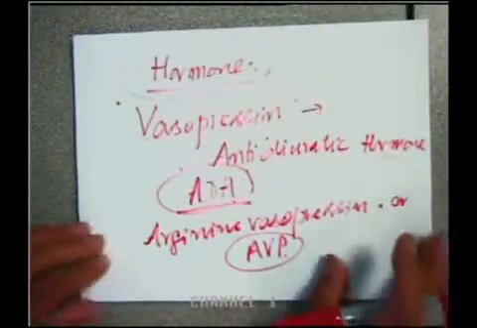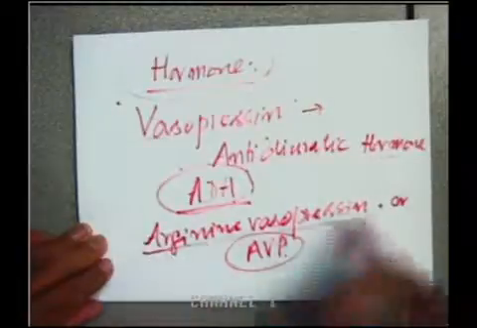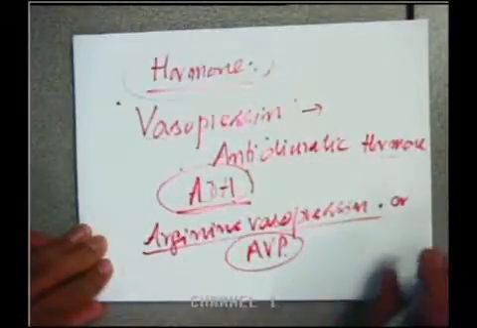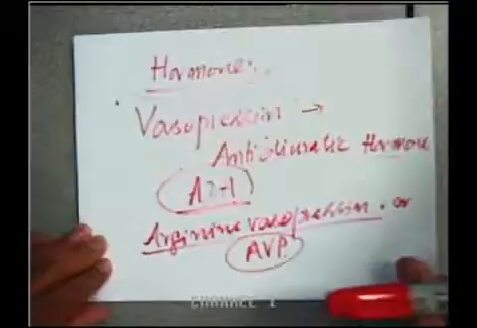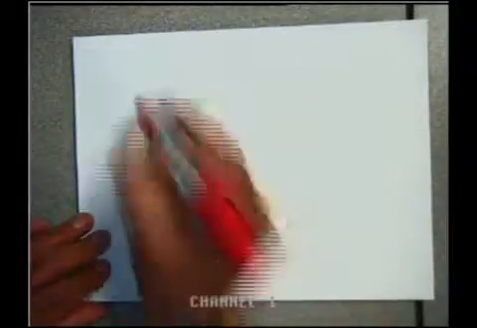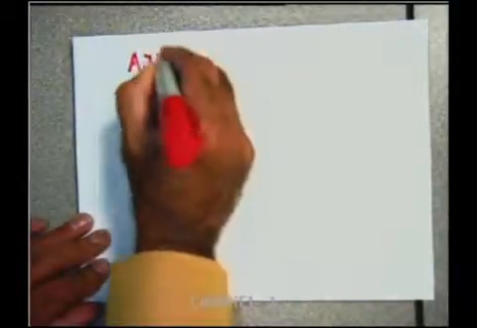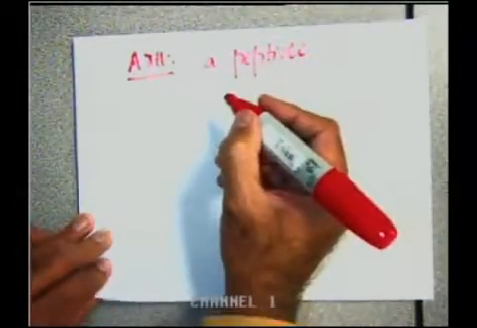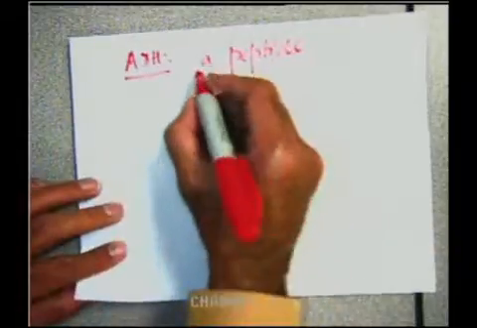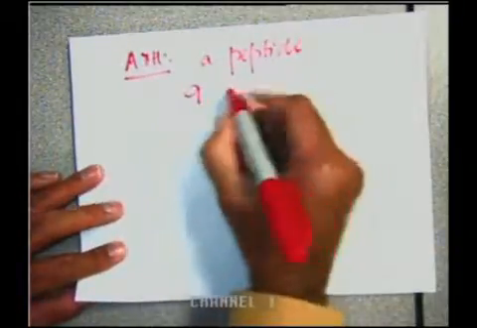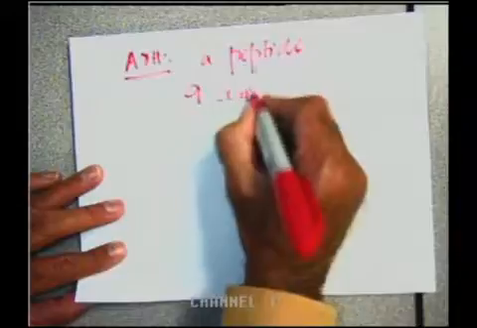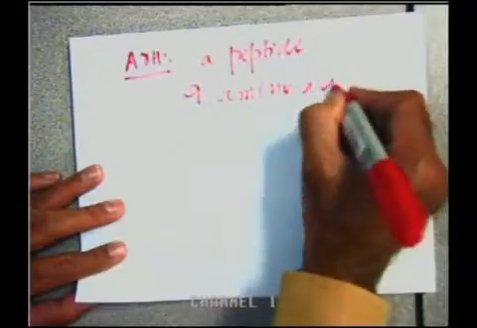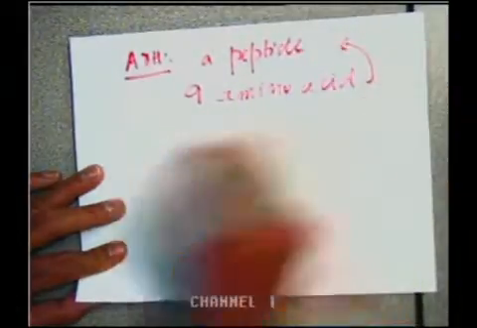Okay. So this vasopressin hormone is a peptide hormone. Peptide hormone means it is made up of amino acids. How many amino acids? There are 9 amino acids. A 9 amino acid peptide hormone.